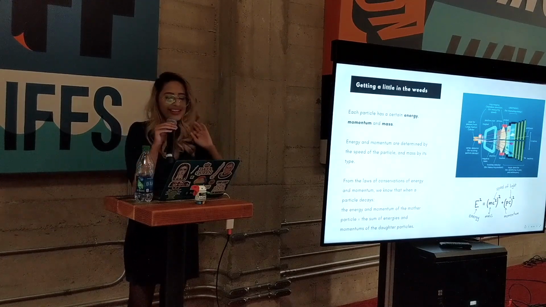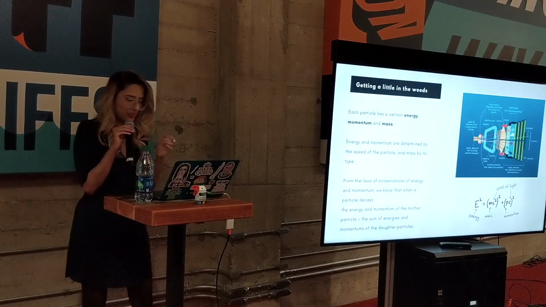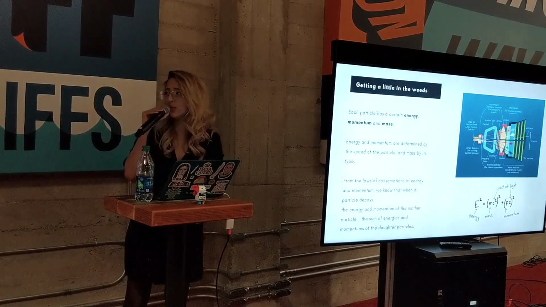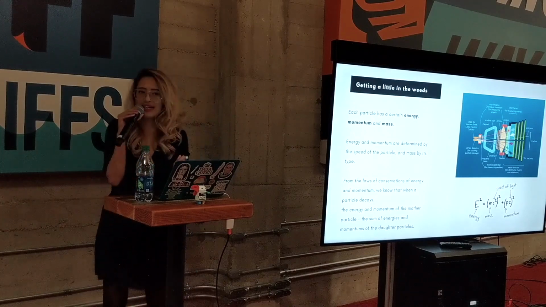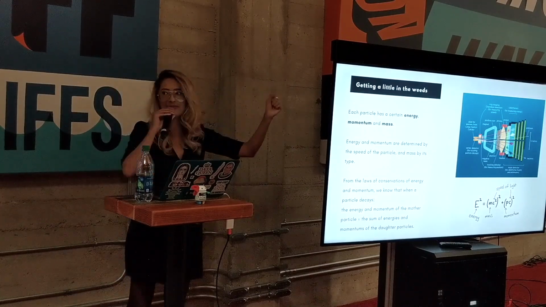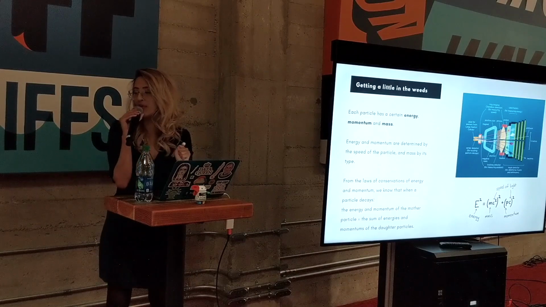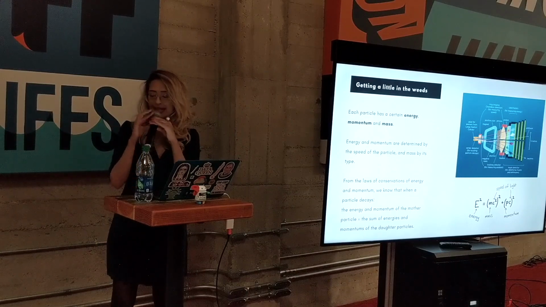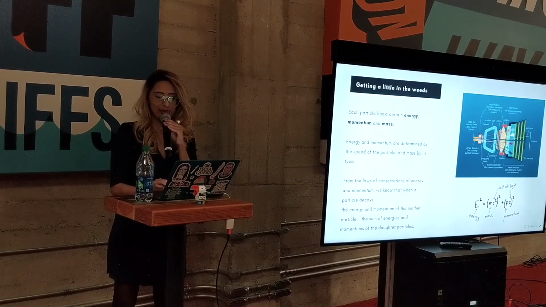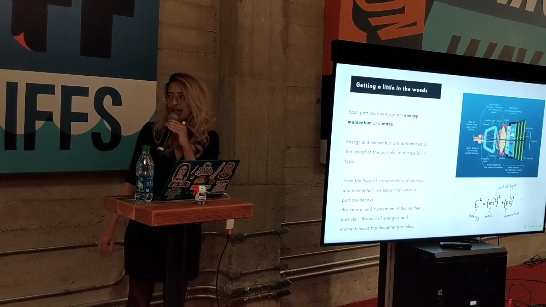Okay, I'm going to get into the weeds a little bit more because I feel like this is important. We know that the momentum and energy in any system is conserved. So we use that principle, and if we know the energy, the momentum, and the speed of anything, we can get the mass. This is Einstein's E=mc² equation, the full version of that.